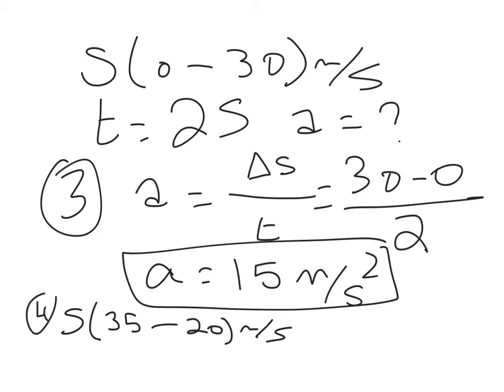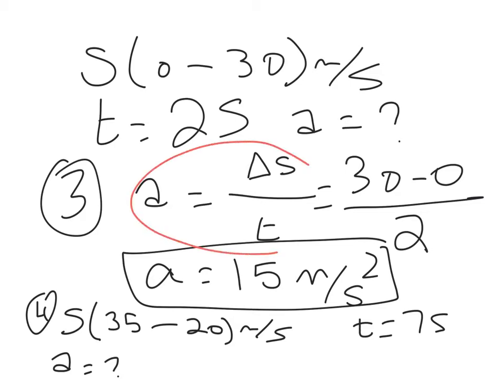That's for number 4. So your time is 7 seconds. How can you calculate the acceleration? What did we say the formula was? This is my formula over here: the change in speed over time.